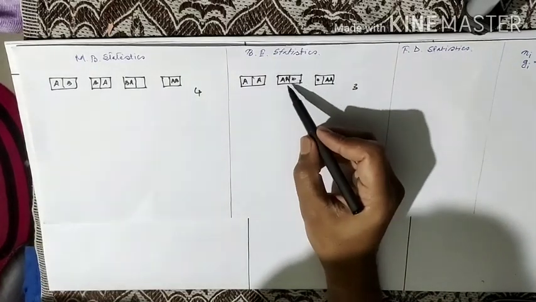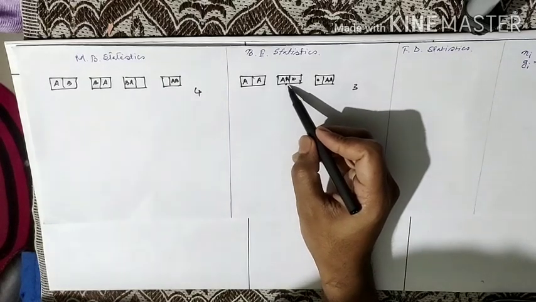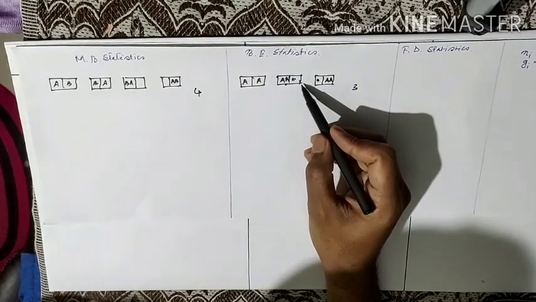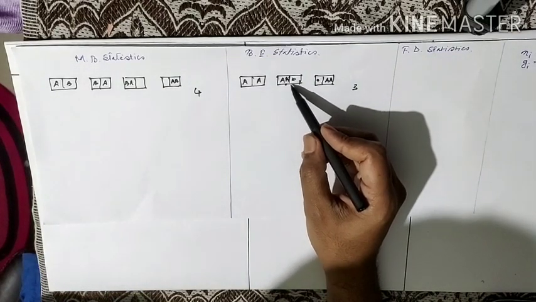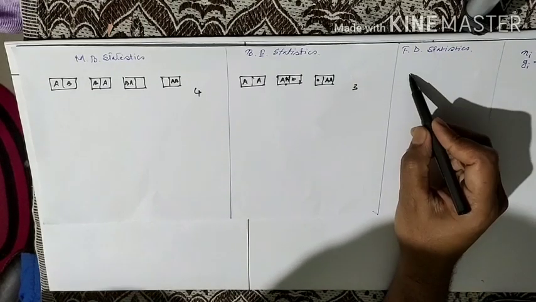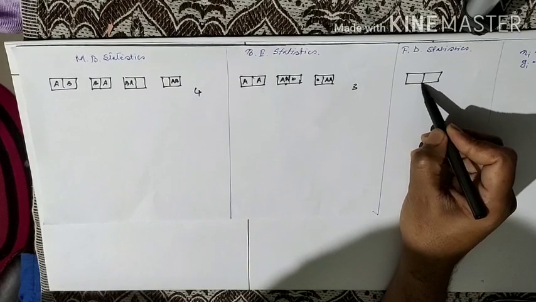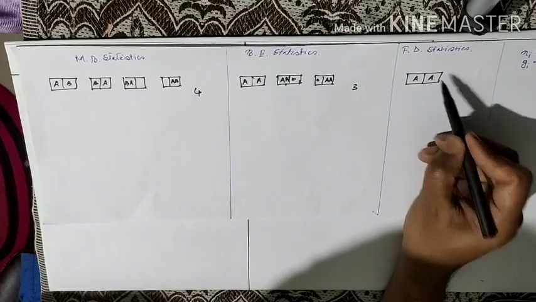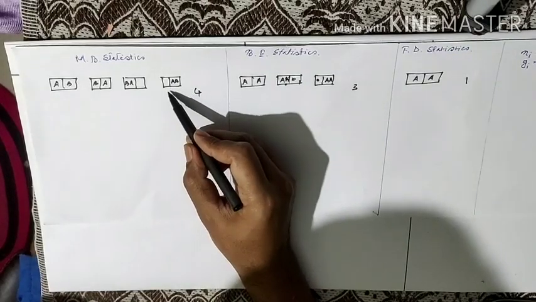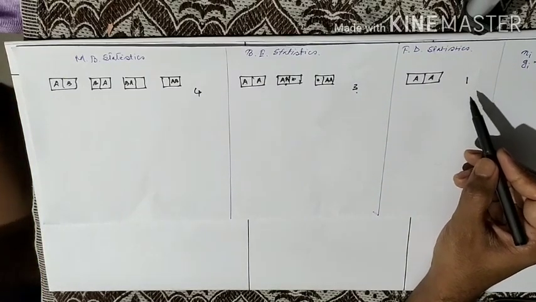Mind it, here you have placed two particles in a single state because no Pauli exclusion is obeyed here. So you can put 2, 3, 4, 5 in a single compartment, no problem. But in Fermi-Dirac statistics, you cannot do that. You have to place only one particle in one compartment. So there is only one possibility. So there are four possibilities, three possibilities, and one possibility here.